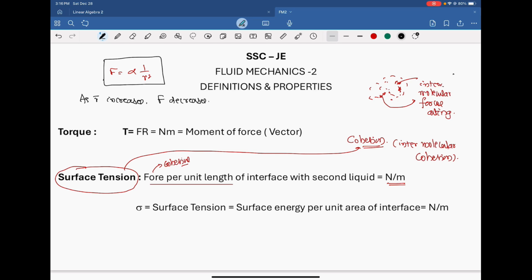That means whenever we heat a particular fluid, the intermolecular distances within the fluid will increase. That means r increases, and cohesive force decreases with temperature.